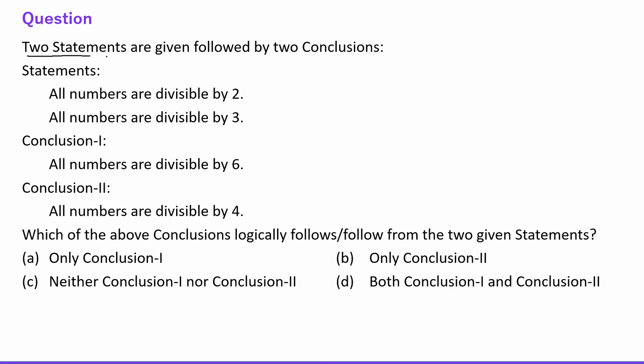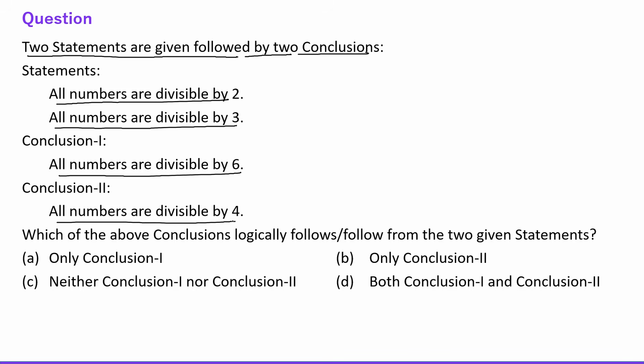Next question: two statements are given followed by two conclusions. First statement, all numbers are divisible by 2. Second, all numbers are divisible by 3. Conclusion 1, all numbers are divisible by 6. Conclusion 2, all numbers are divisible by 4. Everyone, when a number is divisible by 2 and 3 also, then that number is divisible by 6.